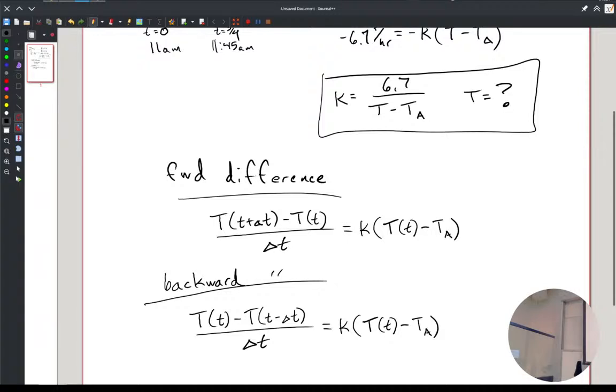What's the actual log function? Log base e. What's the log base?